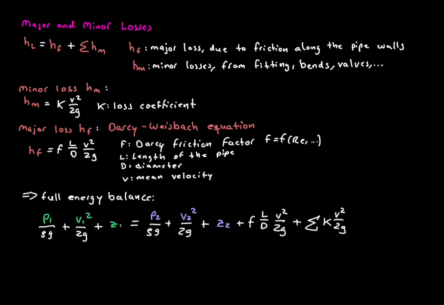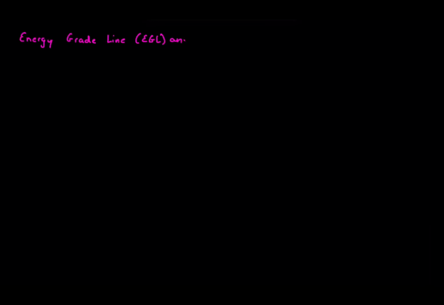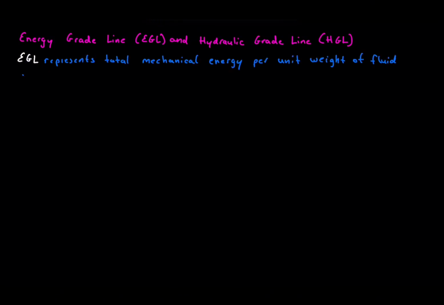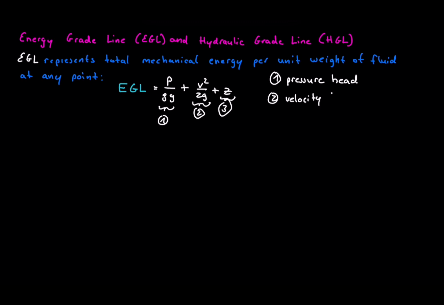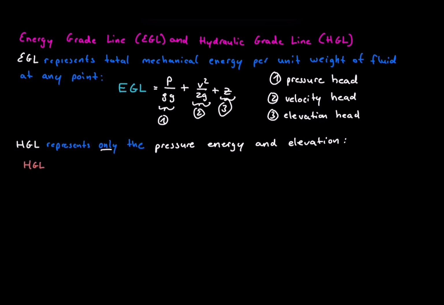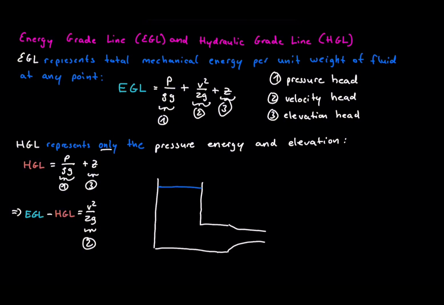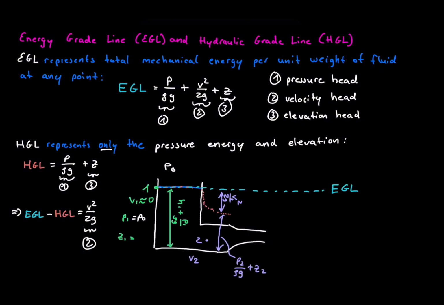Now let's actually visualize these energy terms. The energy grade line represents total energy per unit weight. It includes pressure head, velocity head, and elevation. The hydraulic grade line represents pressure and elevation only.